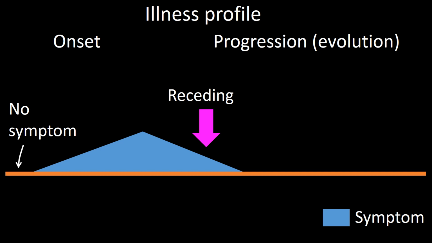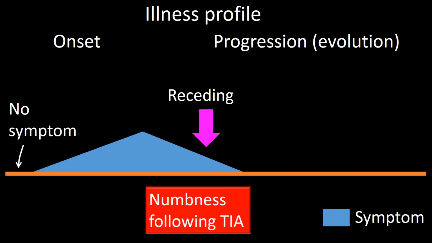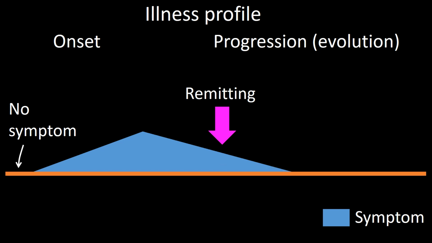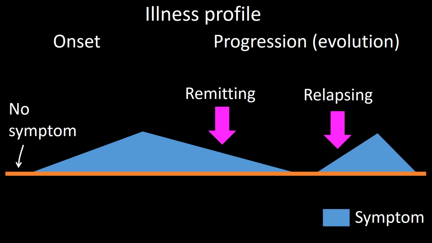In other cases, progression can recede over a short period of time. This mode of evolution can be seen with numbness after a transient ischemic attack or numbness following a brief nerve compression. The progression can also be remitting and relapsing with complete resolution between episodes.